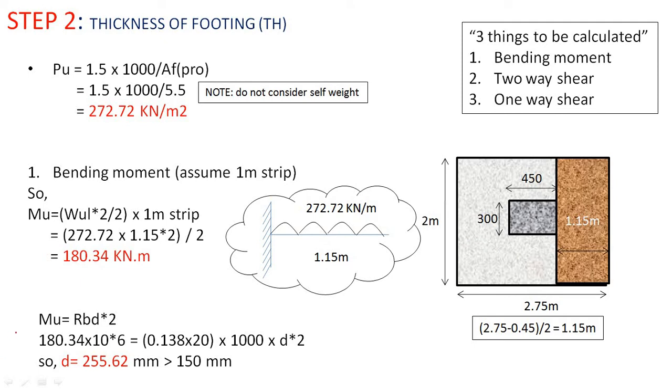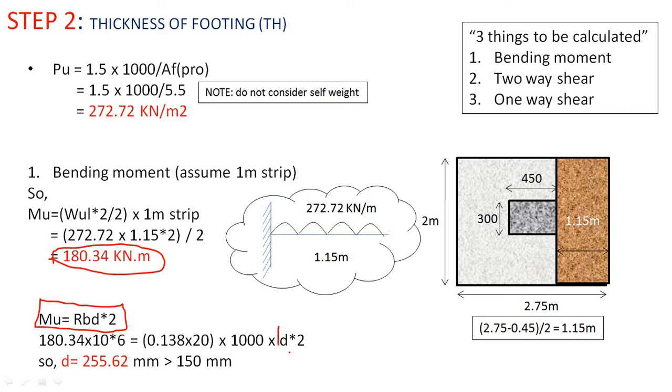So next what we will do is Mu is equals to R B D square to find the depth, which means to find the thickness. So in our case the Mu is already we have calculated over here. So Mu is 180.34 kilonewton into meter. So we'll convert into Newton into mm. So we'll multiply this value with the 10⁶. So is equals to R, the value of R is 0.138 into FCK, which is 20, into the B. So the value of B is, we have assumed as 1 meter, so in mm it will be 1000 mm into D square.